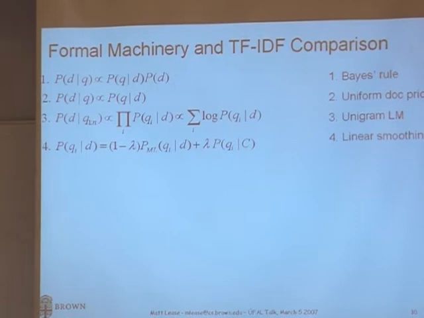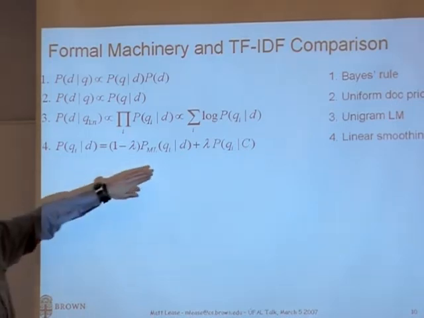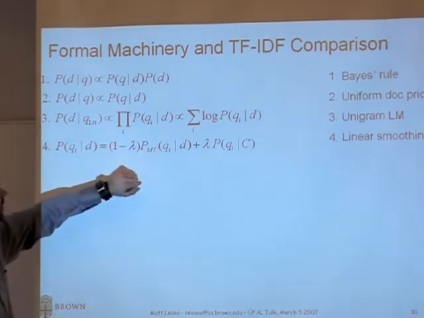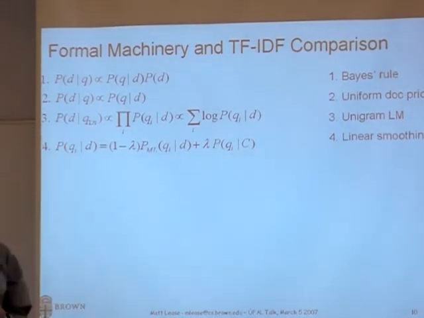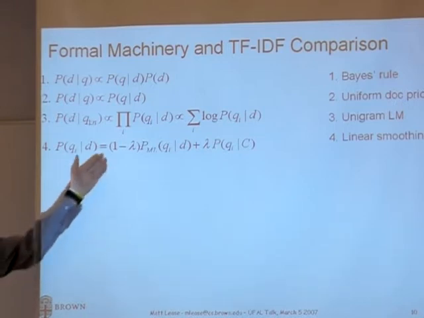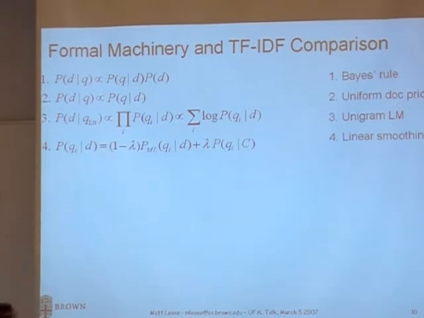In terms of smoothing, we want to smooth our maximum likelihood estimate for the document with our language model for the entire collection. We're going to do it linearly here according to some parameter lambda. You can imagine that for shorter documents we need more smoothing than for longer documents, because we have a smaller sample, so a less reliable estimate.